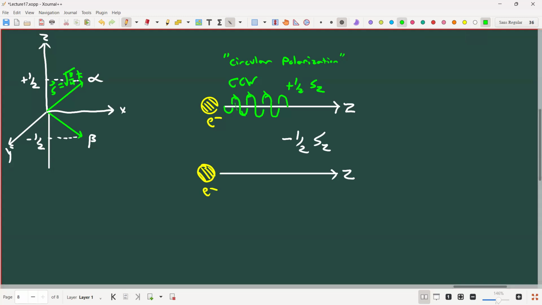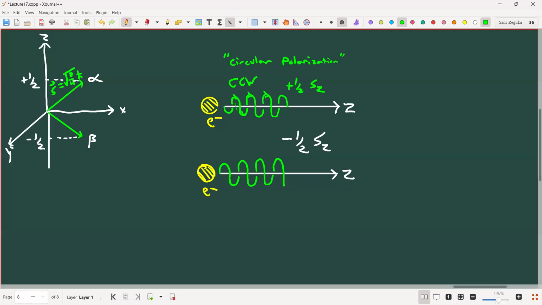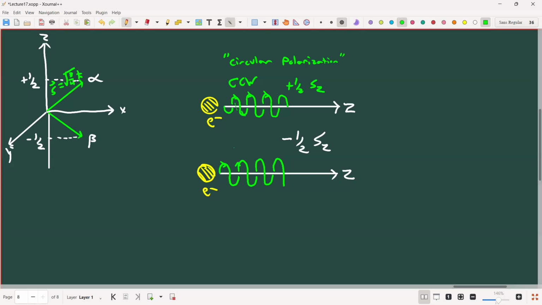So let's see if I can do that. I think I'm going the wrong way here. Nope, that's right. This is clockwise direction.